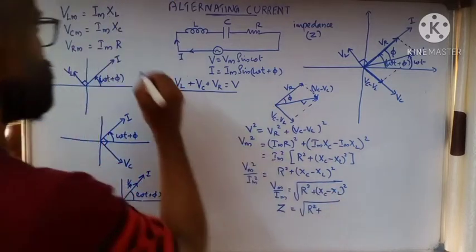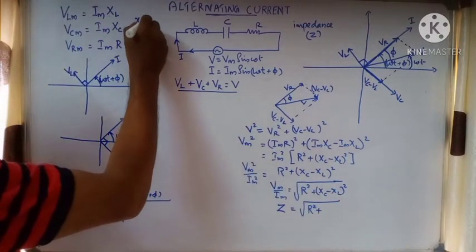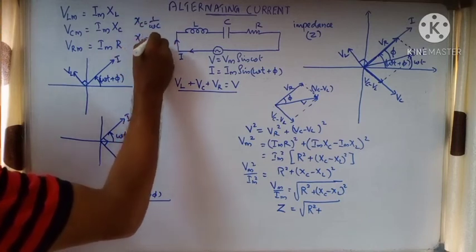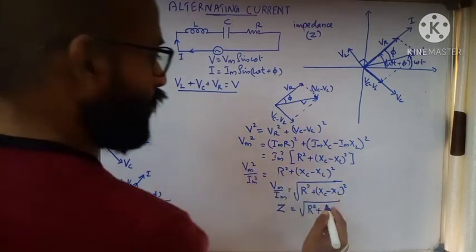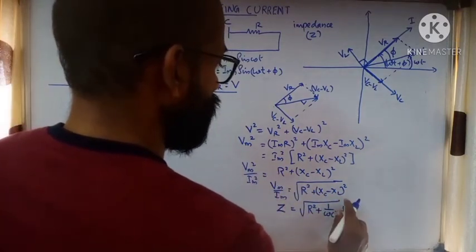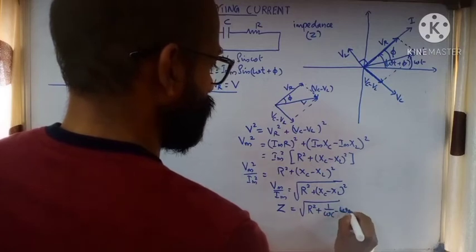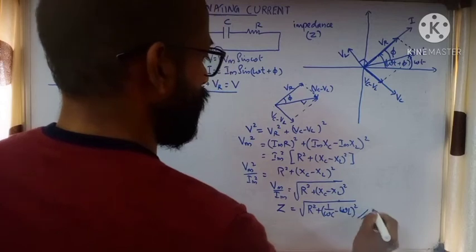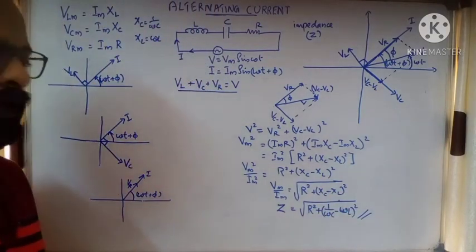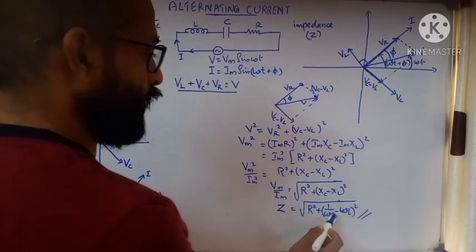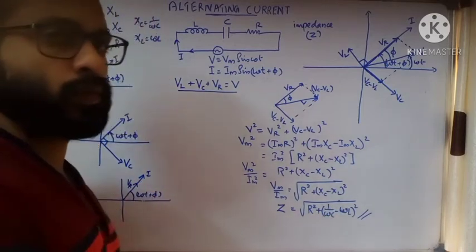We know Xc is equal to 1 by omega C, and XL means omega L, that we have seen in previous classes. So impedance equals root of R square plus 1 by omega C minus omega L the whole square.